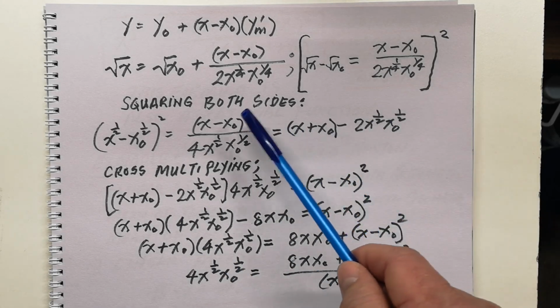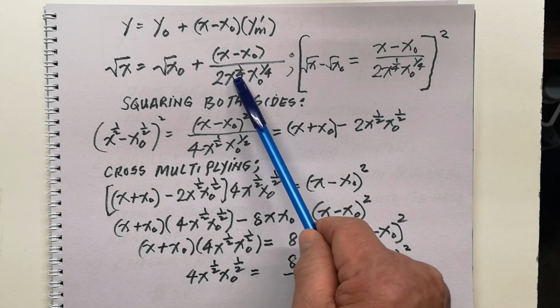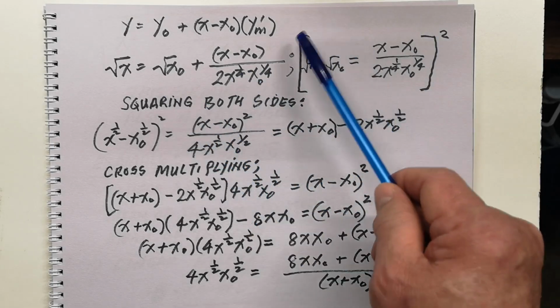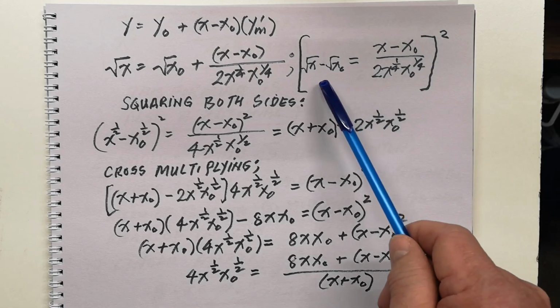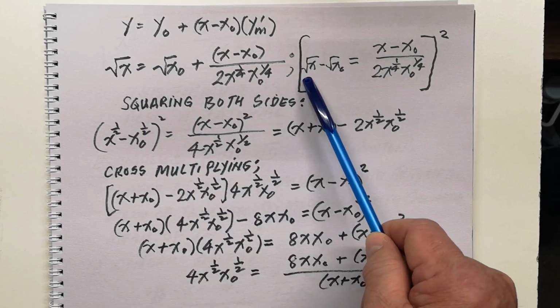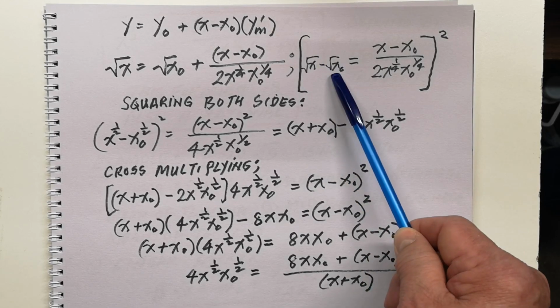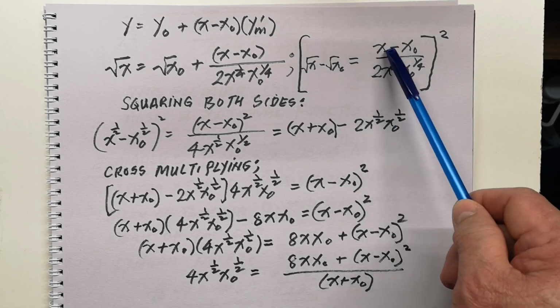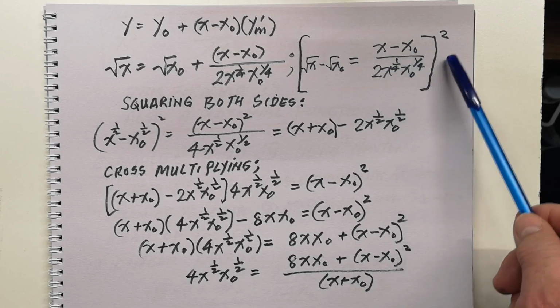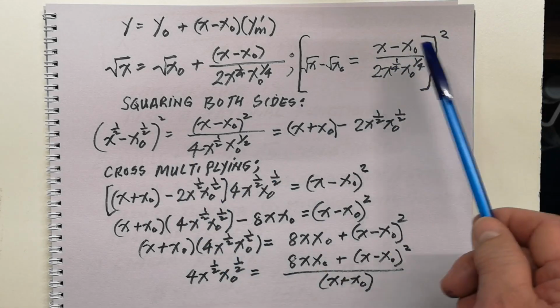In order to eliminate this 1/4, we square both sides. So we move this to this side, becoming square root of x minus square root of xo equals (x minus xo) over 2x to the 1/4 xo to the 1/4. Squaring both sides, this is what you're going to get.